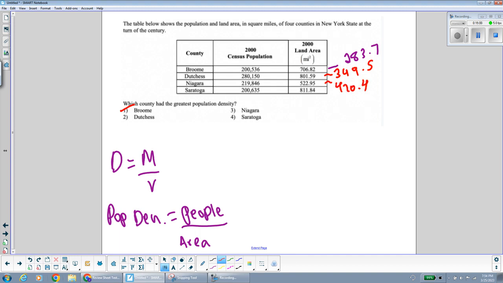So far that is the greatest population density. So this choice is out. Just one more to go. 200,635 divided by 811.84, and that is approximately 247. So this one, answer choice 3, has the greatest population density.